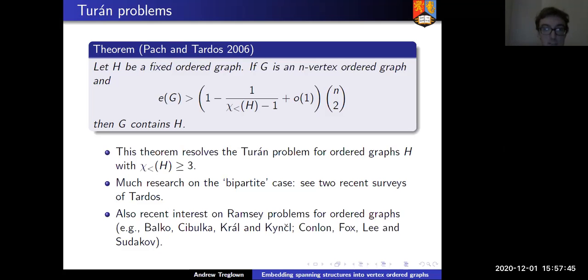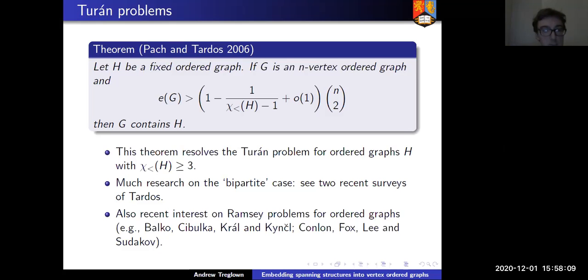So the question is, what is the truth in the interval chromatic number 2 case? There's a couple of surveys on that by Tardos, but I'm not going to talk about that anymore. The reason I wanted to mention this is because I want you to have this Pach–Tardos theorem in the back of your mind when we're looking at spanning structures later on.